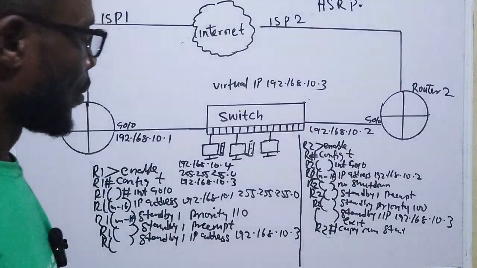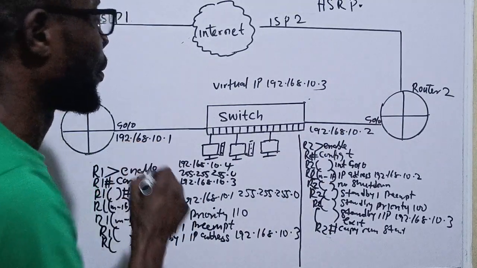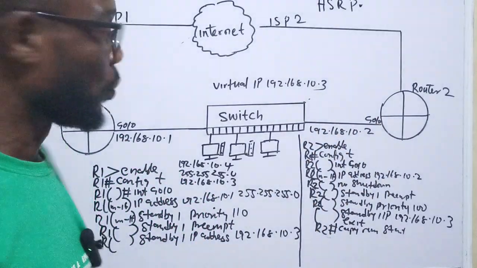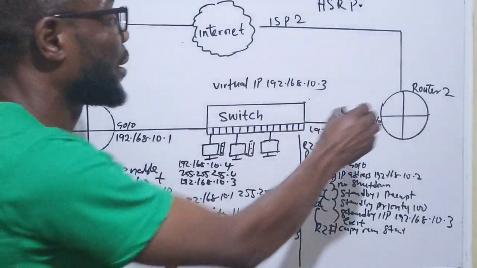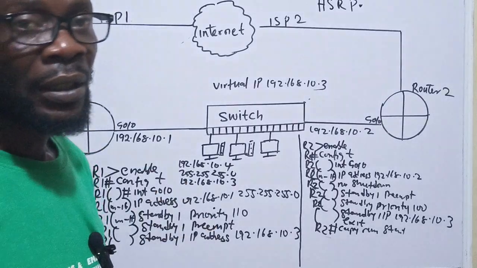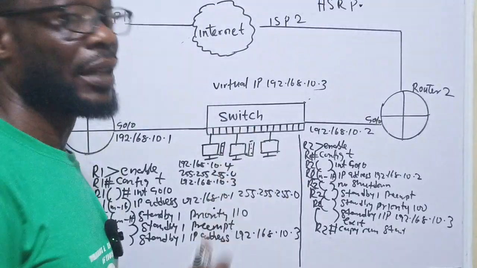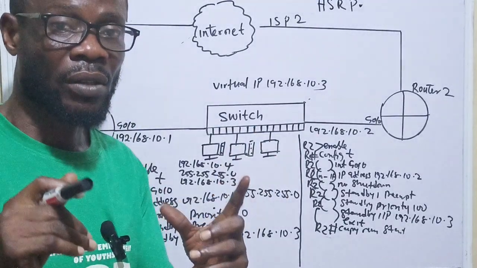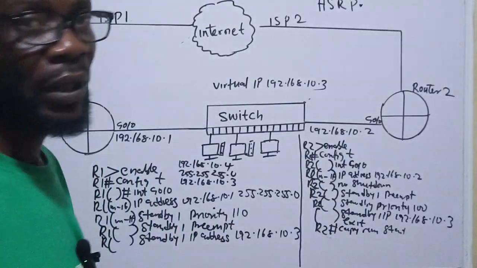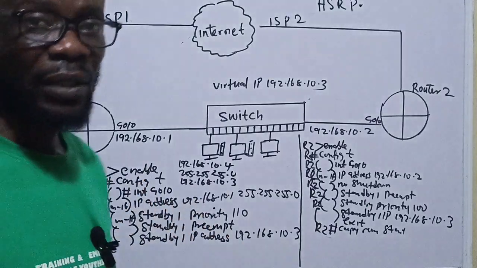Let's say this link has failed, and this router ceases to receive messages. When this router sends the message and the other refuses to answer, it sends again and refuses to answer, sends again a third time, which means in 10 seconds, if this router fails to hear from the other router, it automatically takes over. You can even configure this to take over in milliseconds.